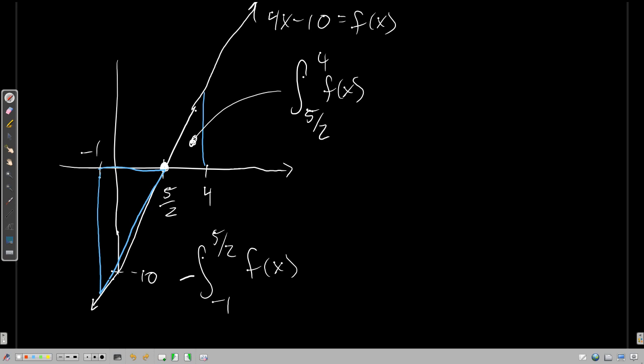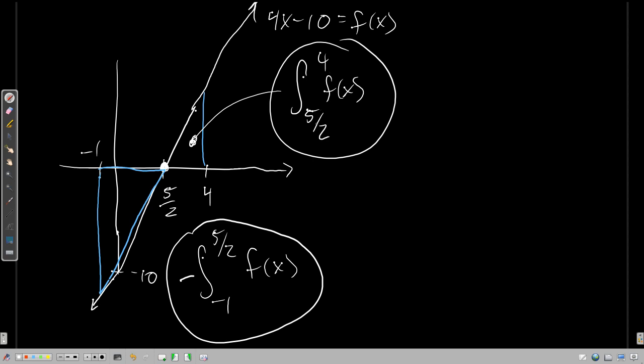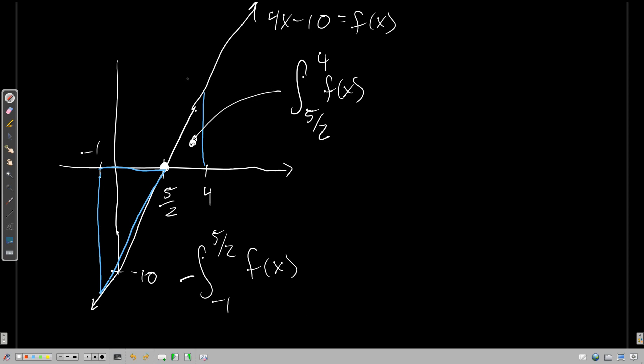So if I just stuck a negative in front of this, then that would become a positive value. And the addition of these two is the total area. So I had to break up my integral right there where it crossed the x-axis.